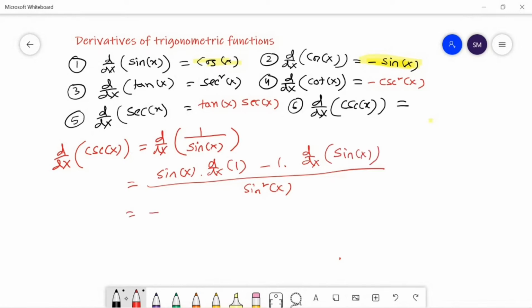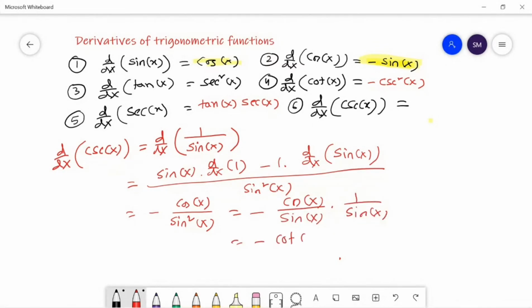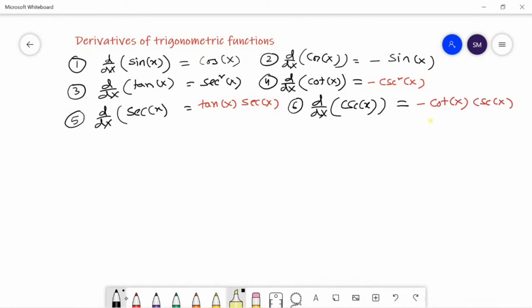The derivative of 1 will be 0 and the derivative of sin x will be cosine x. So you have minus cosine x over sin square x, which can further be written as minus cosine over sine times 1 over sine, which is nothing but minus cotan x cosecant x. So our last rule is: the derivative of cosecant x is minus cotan x cosecant x.